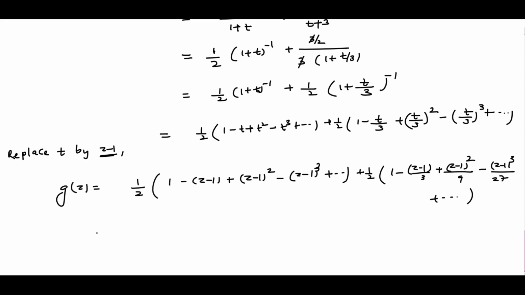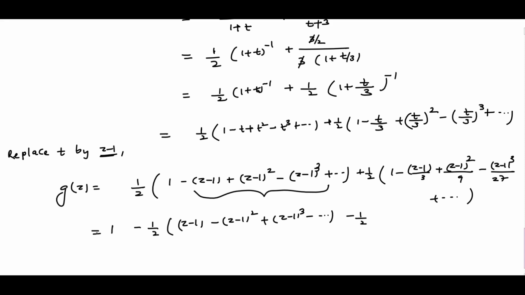so here will be 1/2 plus 1/2, it gives 1, minus 1/2. Take the negative outside, and multiply the whole term by 1/2, it will give (z - 1) - (z - 1)^2 + (z - 1)^3 - .... Similarly, also take the negative 1/2 as a common, and a 3 also take as a common, it will give 1/6.